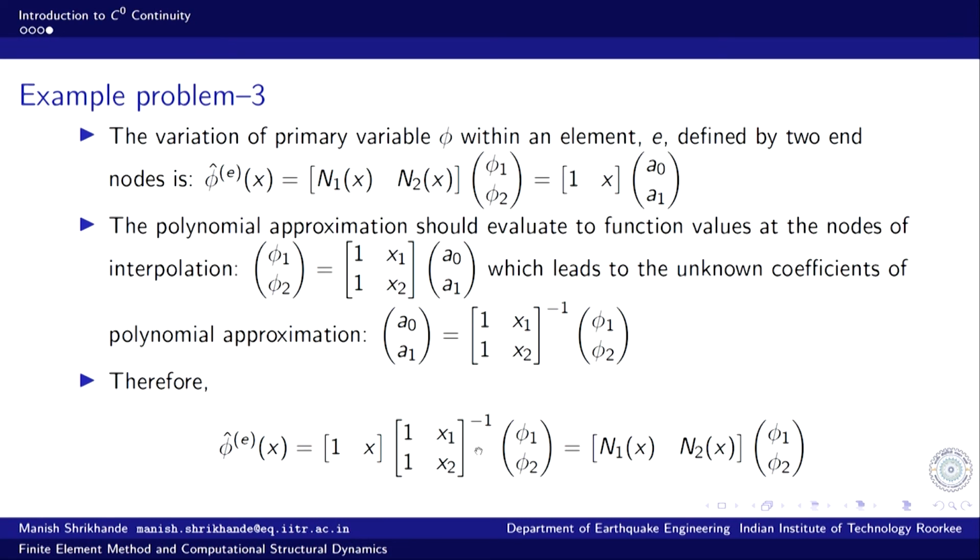All that we need to know is the coordinates of the two points which define the element, and once I have the coordinates, I can immediately work out the interpolation function for each of these two nodes. And once I work out these interpolation functions, I can work out the approximation within that element.